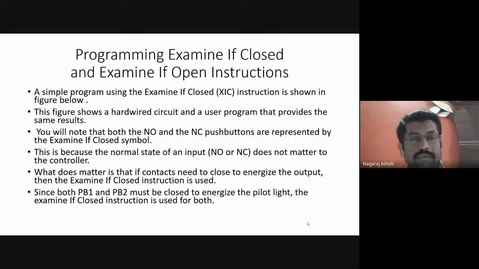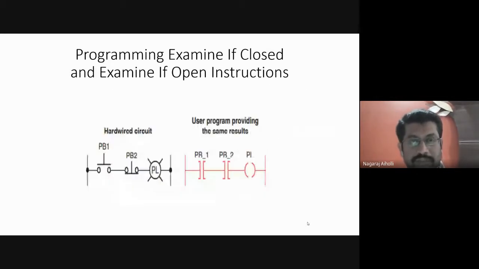A simple program using the examine if closed, that is the XIC instruction, is as shown here. Under programming examine if closed and examine if open instructions, the first one is examine if closed. This is our hardwired circuit, which means it is in the form of push buttons, and whatever the outputs are, such as a pilot light.